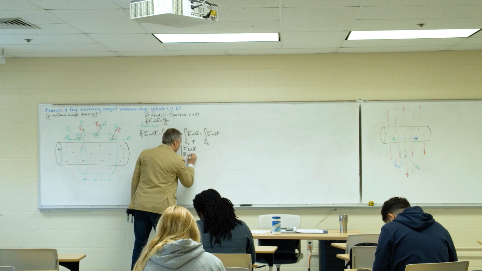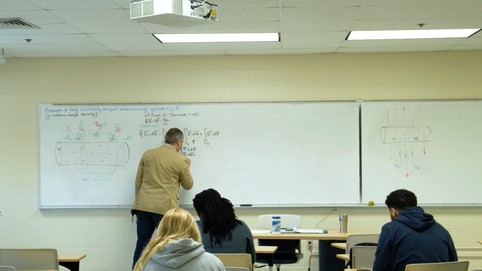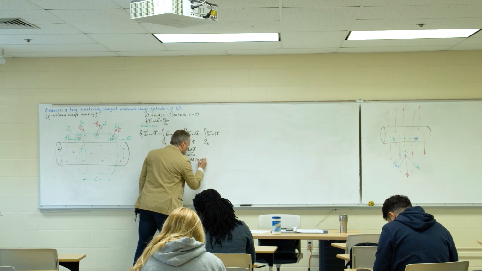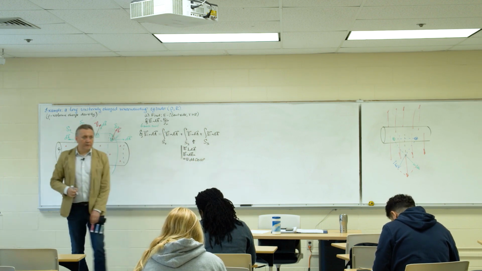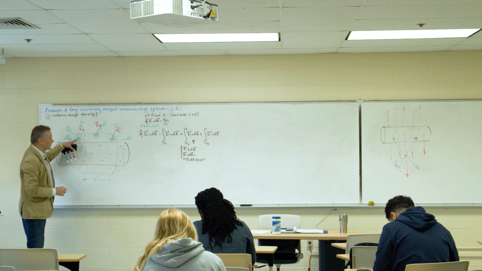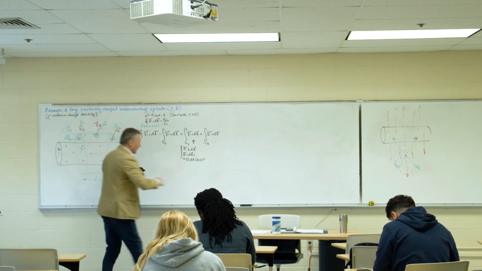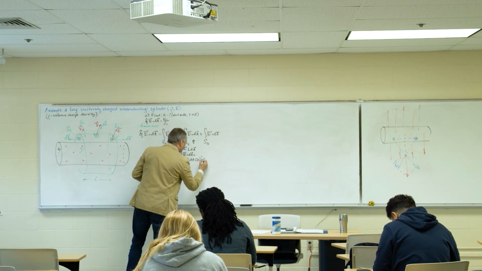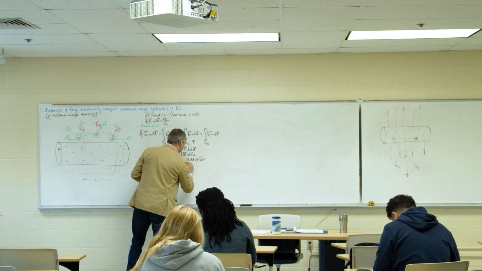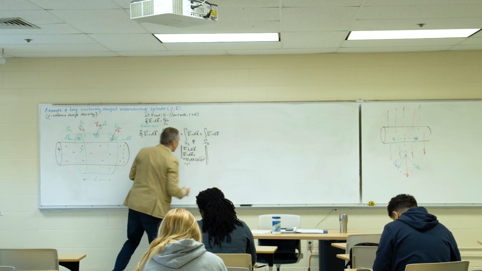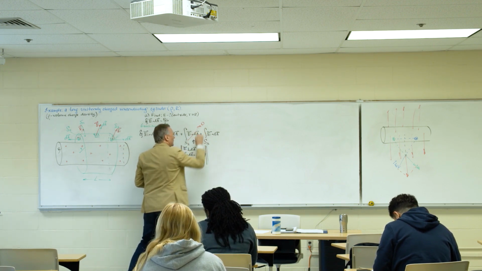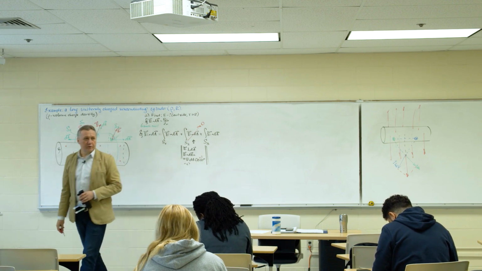E dot dA equals E dA times cosine of 90 degrees, and cosine of 90 degrees is 0. So this second integral can be dumped.